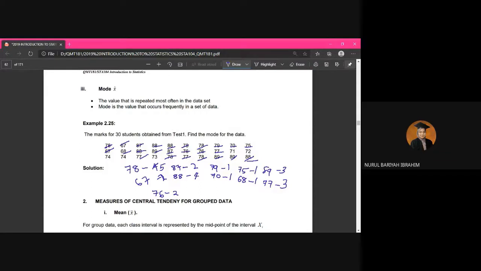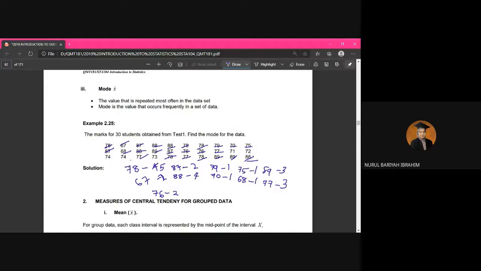So seems that the most frequent value that occurred in this data set adalah 78.